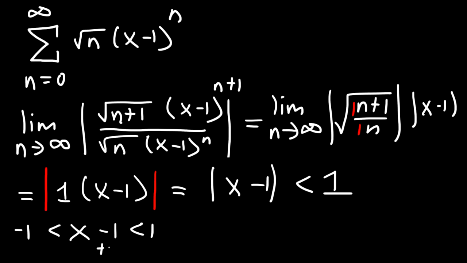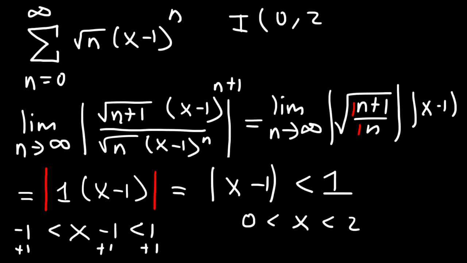Now if we add 1 to all three sides, x is less than 1 plus 1, which is 2, but greater than negative 1 plus 1, which is 0. So the interval of convergence is from 0 to 2, or at least it appears that way. We still need to check the endpoints, so we can adjust it shortly.